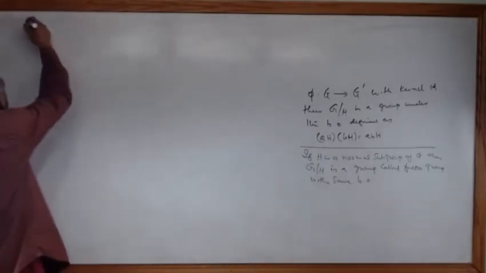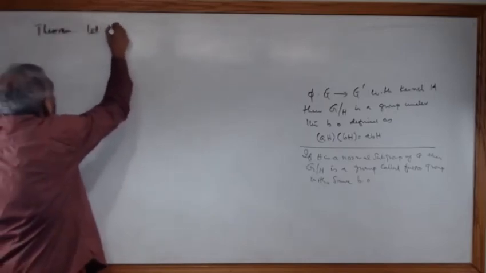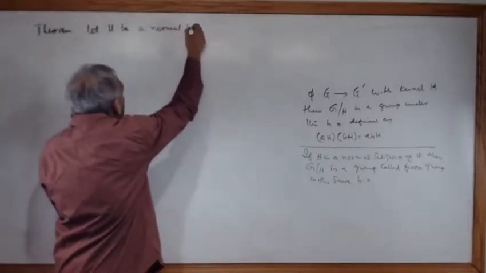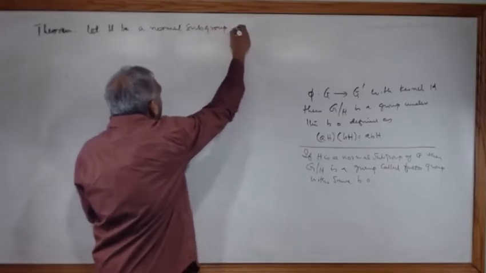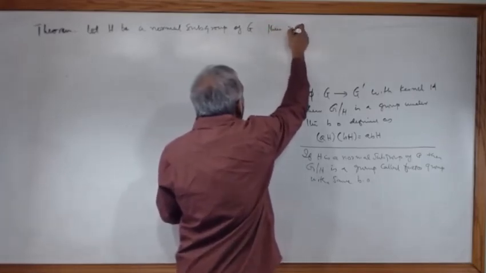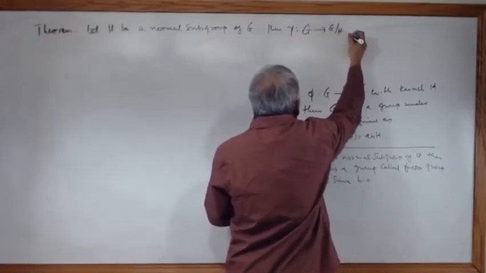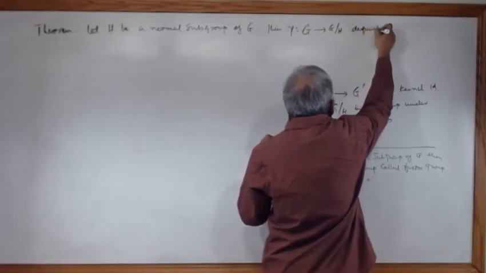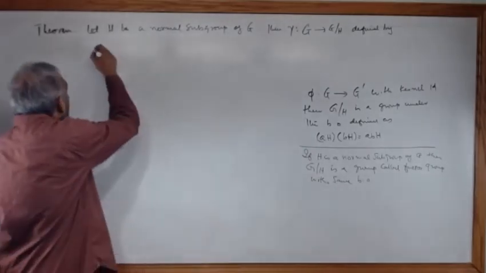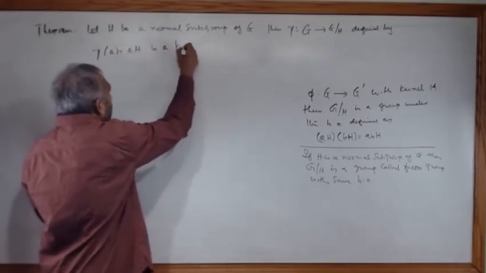So the theorem is this. Let H be a normal subgroup of G, then gamma from G to G over H defined by gamma of a is equal to aH is a homomorphism.